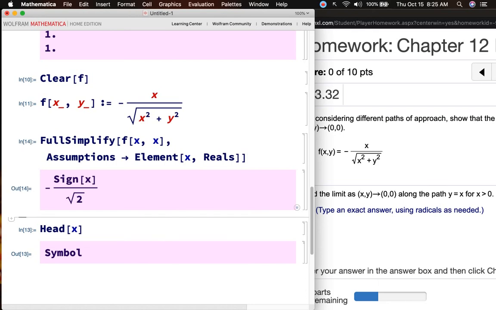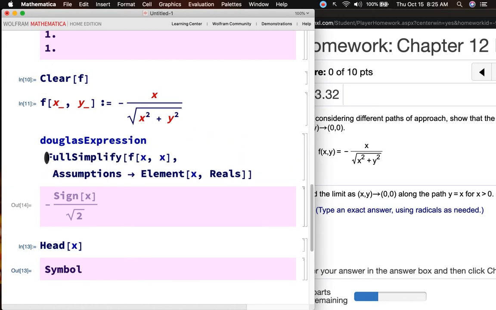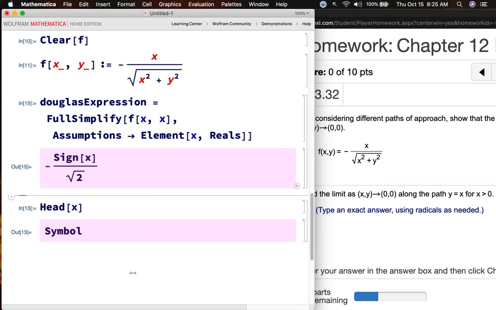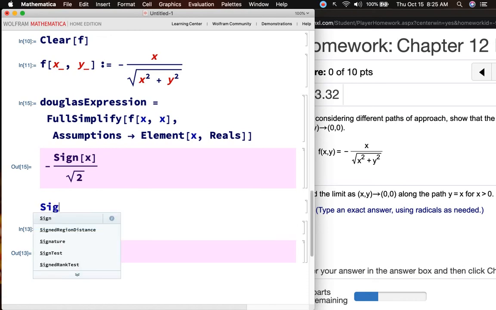Okay, let me store this in an expression. What should I call it? Douglas expression. Why Douglas? Because that's my first name, so why not? What is the sign of x? I don't mean sine, S-I-N-E. I mean sign, S-I-G-N. So what is the sign of 10?